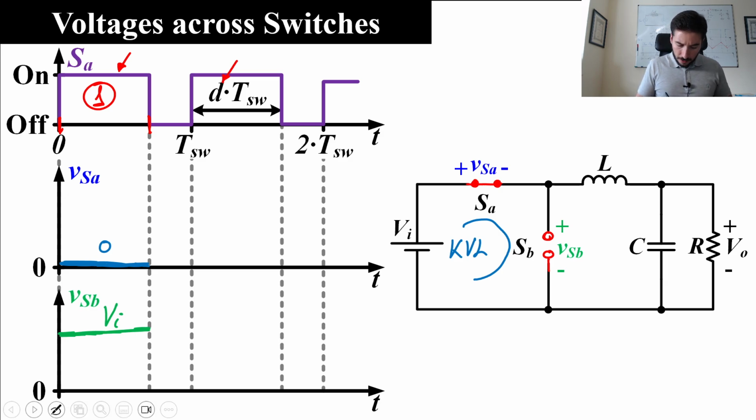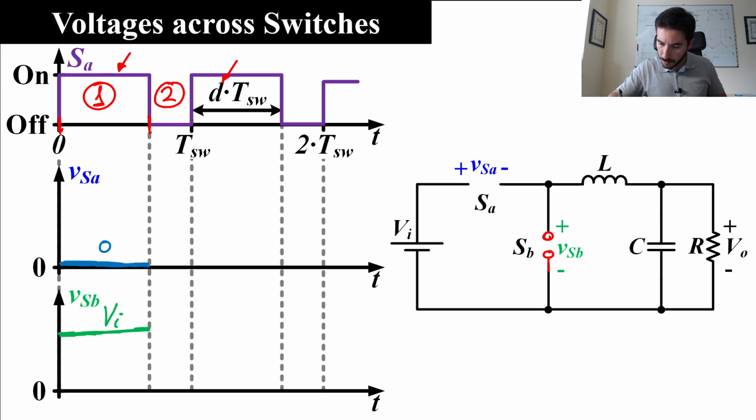Well, what happens in state number 2, from t equal to D times t switch to the end of the period? Well, in that case, switch A is off, so we have an open circuit here, and switch B is on, so we can put here a short circuit.